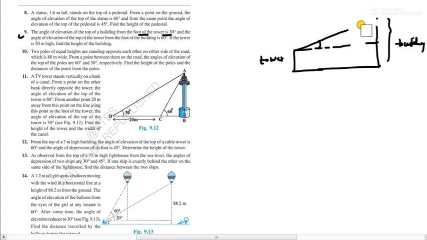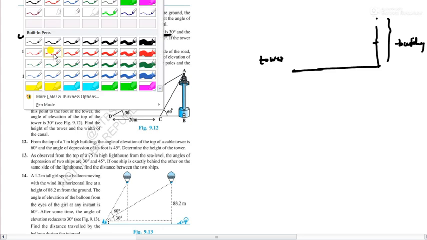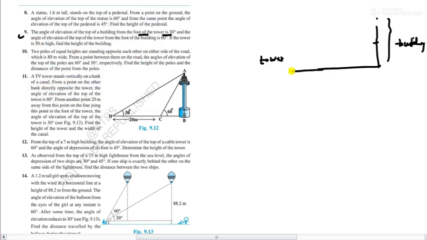So this figure will not be like this. The tower is here. So from here the angle of elevation is how much? 30 degree. This is the tower, imagine now. And the angle of elevation of top of the tower from foot of the building is 60. So foot of the building is this side.